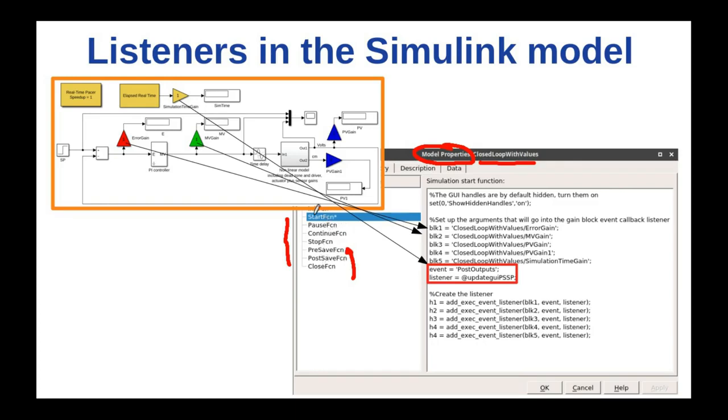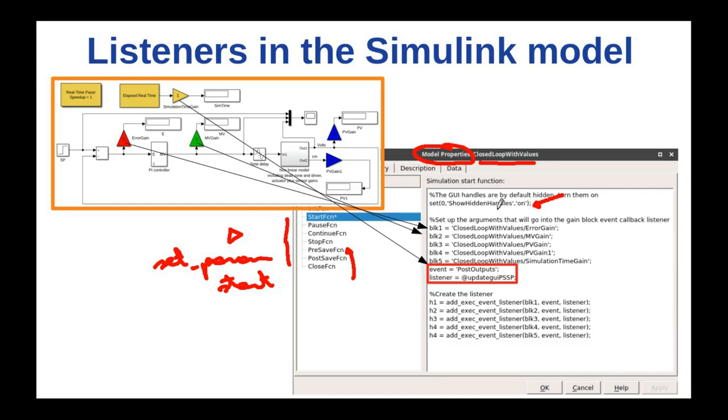For example, every time the model starts, so every time someone presses the play button, or we set param start, like in the previous slide, these commands will be run. So first of all, you must copy this in order to show the graphical user interface handles, to make them visible.